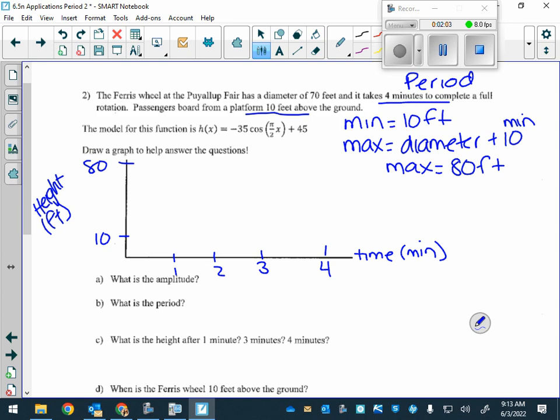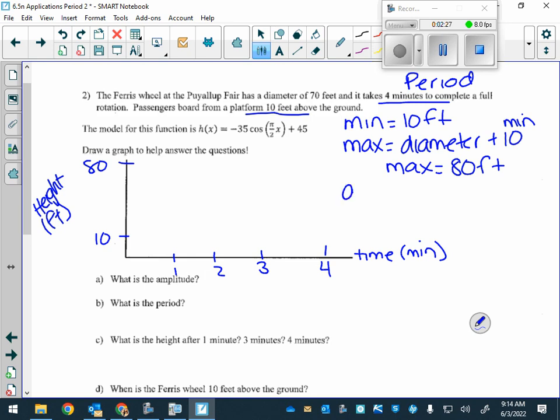Right? So, I know it's given to us, but how can I find our midline or amplitude? What can I do? Jason? How do you find the radius? Good.